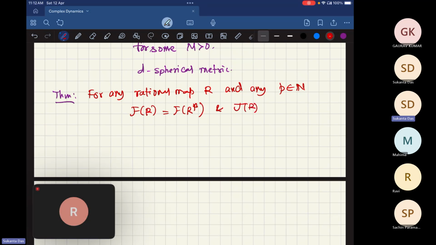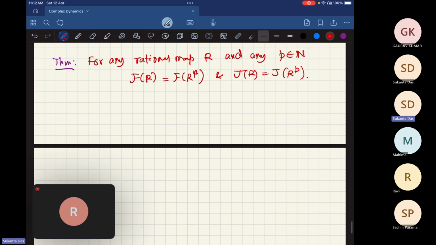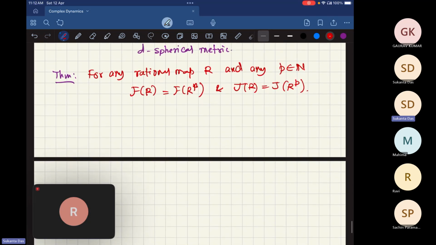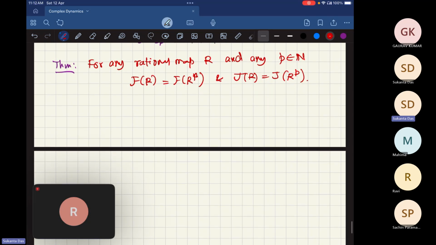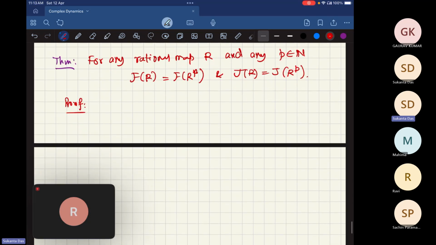Similarly, the Julia set of R is the same as the Julia set of R^n. This is nice, and it is not difficult. The proof can be done in an easy way, so let me just give the idea.